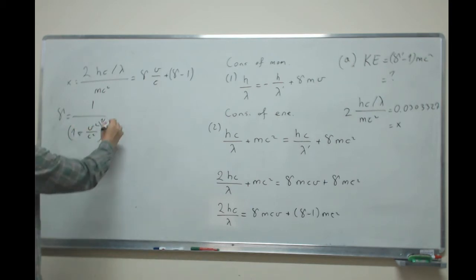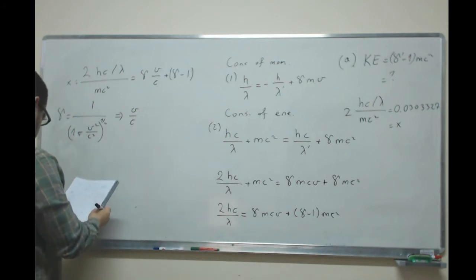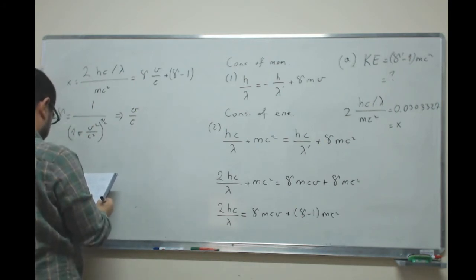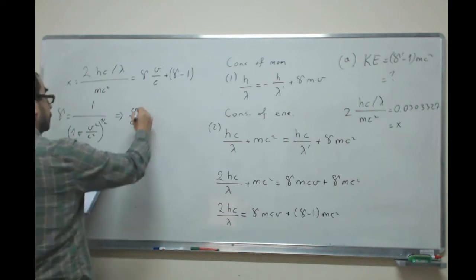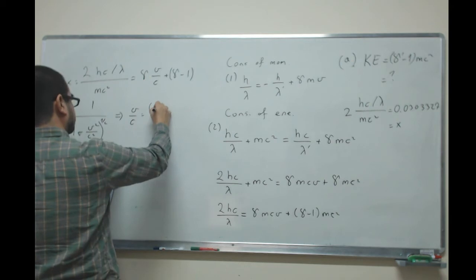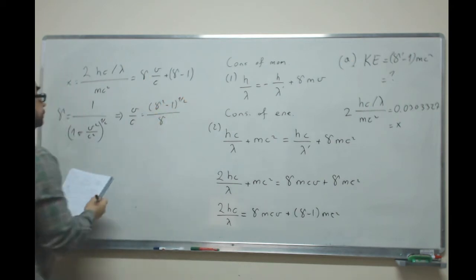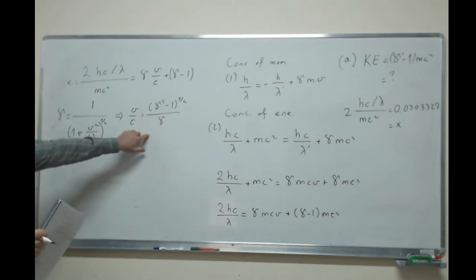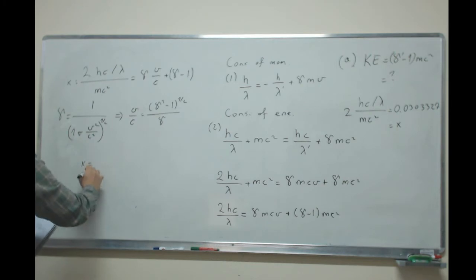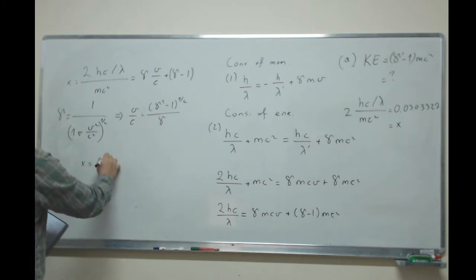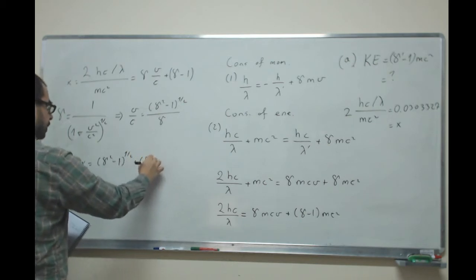If you rearrange this, v over c is (gamma square minus 1) to a half divided by gamma. Now you substitute this in here, and what you get is x equals (gamma square minus 1) to a half plus gamma minus 1.